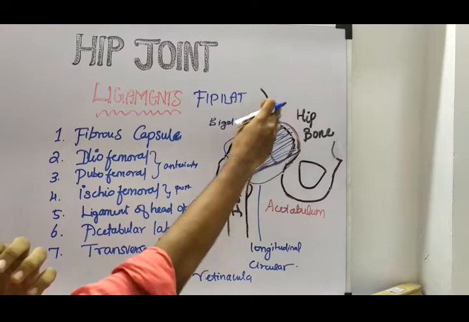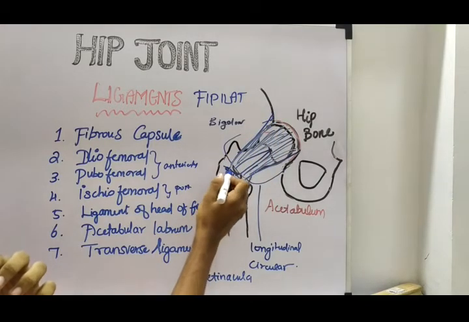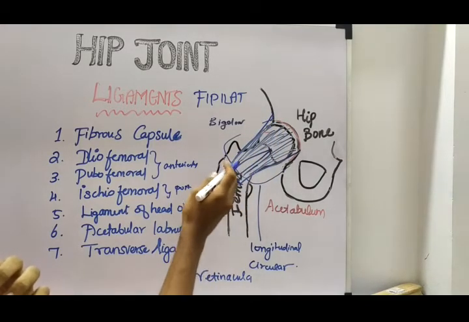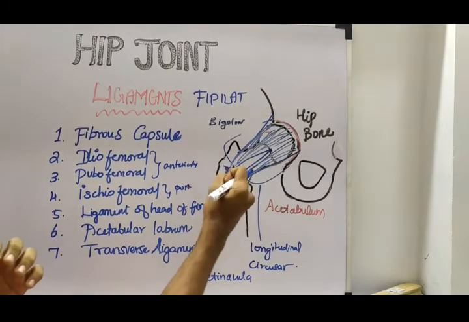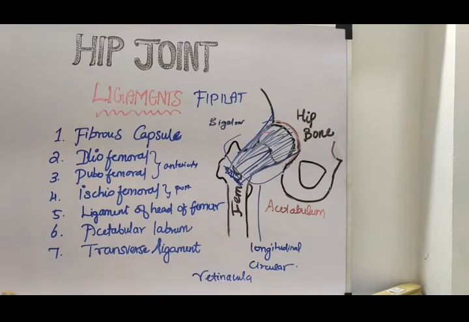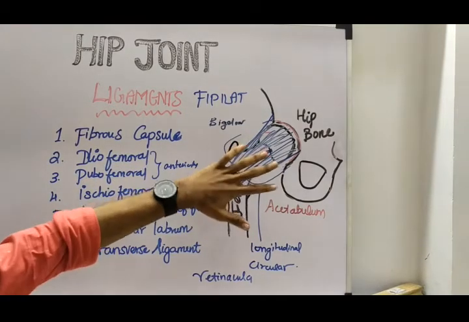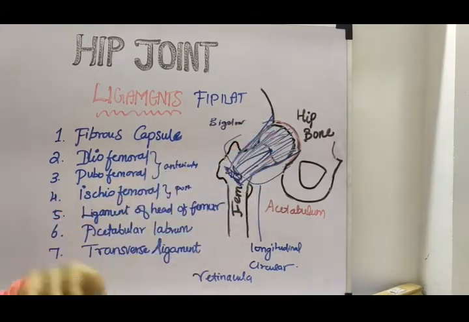From the ilium it comes and attaches here in the intertrochanteric line. This also gives strength to the hip joint, and the important function of this ligament is to prevent the trunk from falling backwards. It gives the erect posture.